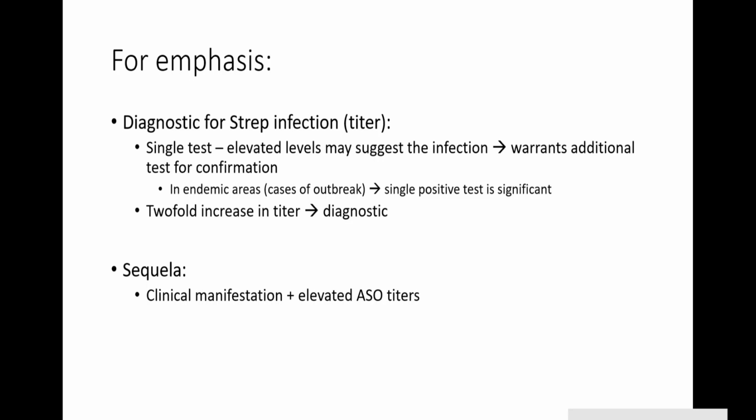So the doctor will correlate the signs and symptoms of the patient plus an elevated titer, so that is already diagnostic for the sequela. So in the case of Joshua, he has the signs and symptoms of rheumatic fever, and then he had an elevated titer. So that is already diagnostic for rheumatic fever. Okay, I hope that's clear.